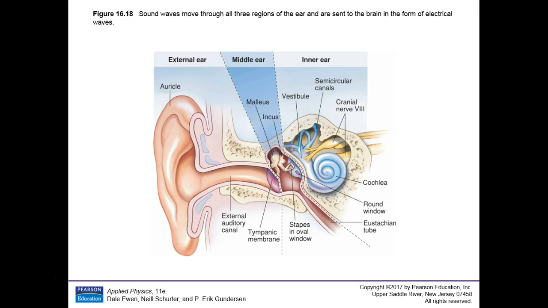So the sound waves, those pressure waves, go into the canal, and here they hit the tympanic membrane, which also has another name. Eardrum, exactly, that's your eardrum. Okay? Now, this is called basically the outer ear, the external ear. And the eardrum, or the tympanic membrane, is that divider, the entrance to the middle ear.